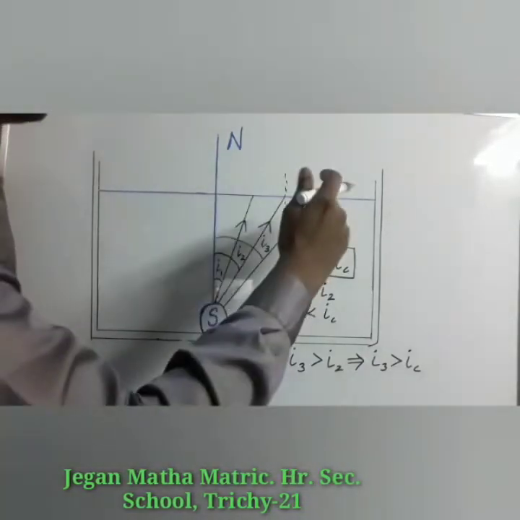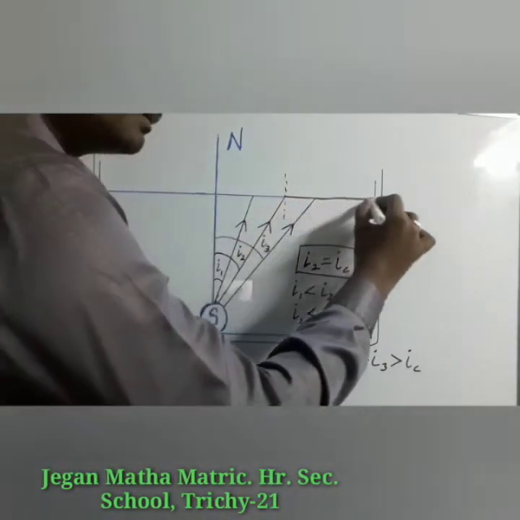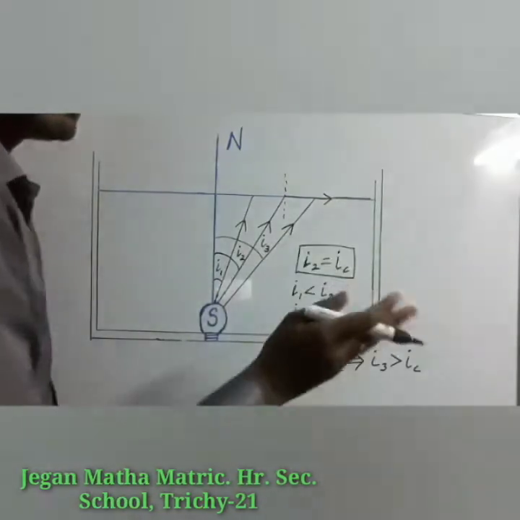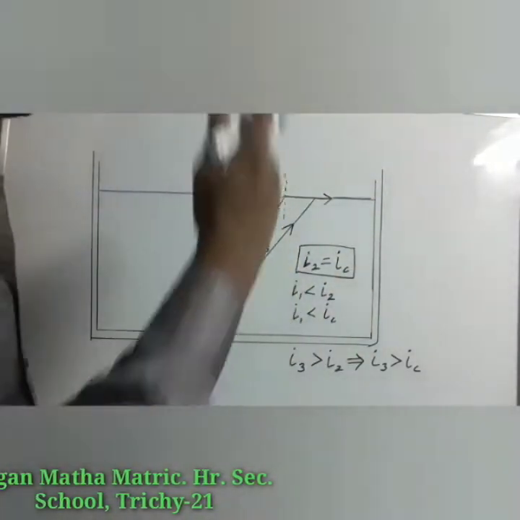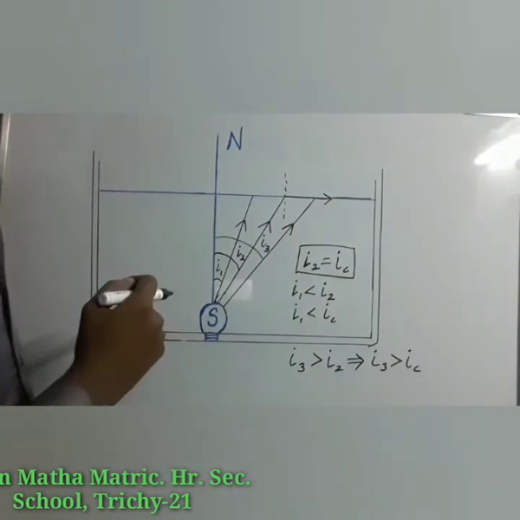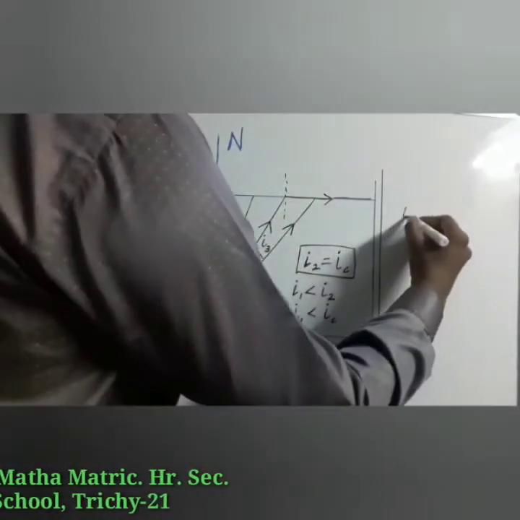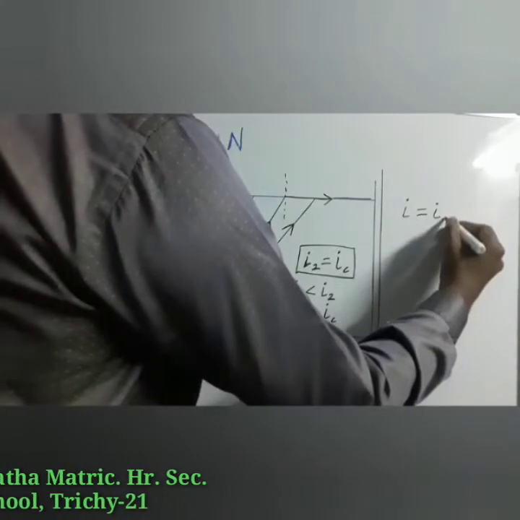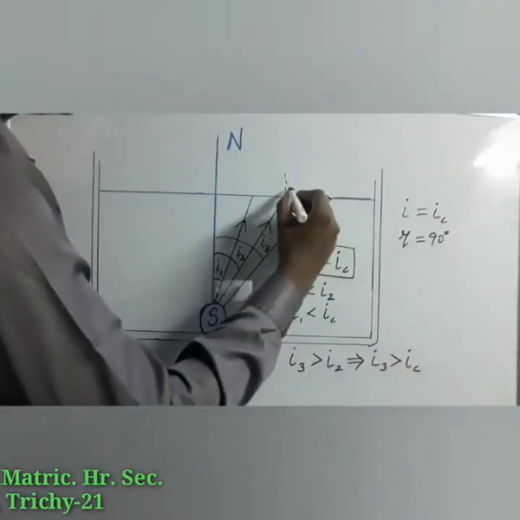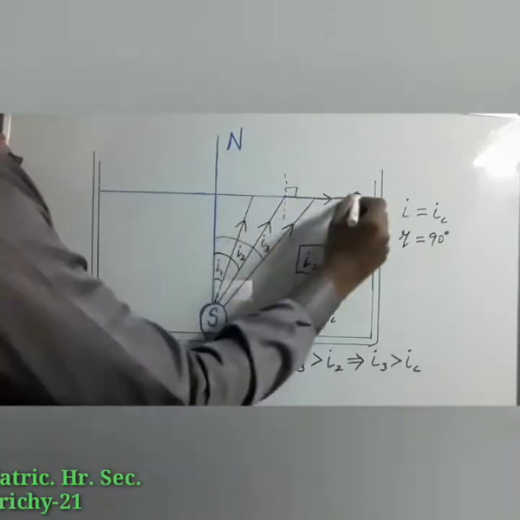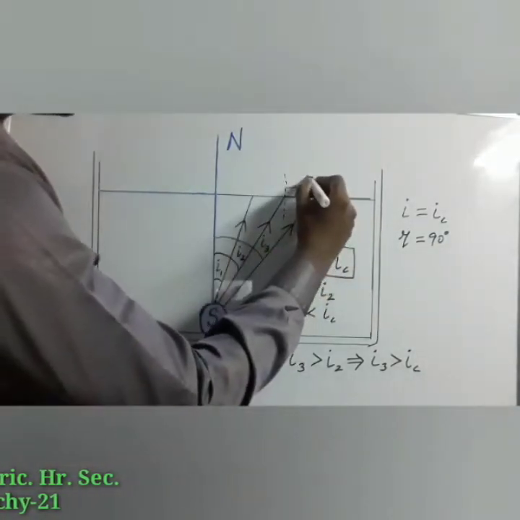The refracted ray lies on the layer which divides the denser medium and the rarer medium, which we have discussed in total internal reflection. So under what condition? The angle of incidence is equal to IC, which means the angle of refraction is equal to 90 degrees. Here the angle between the normal line and the refracted ray is 90 degrees.